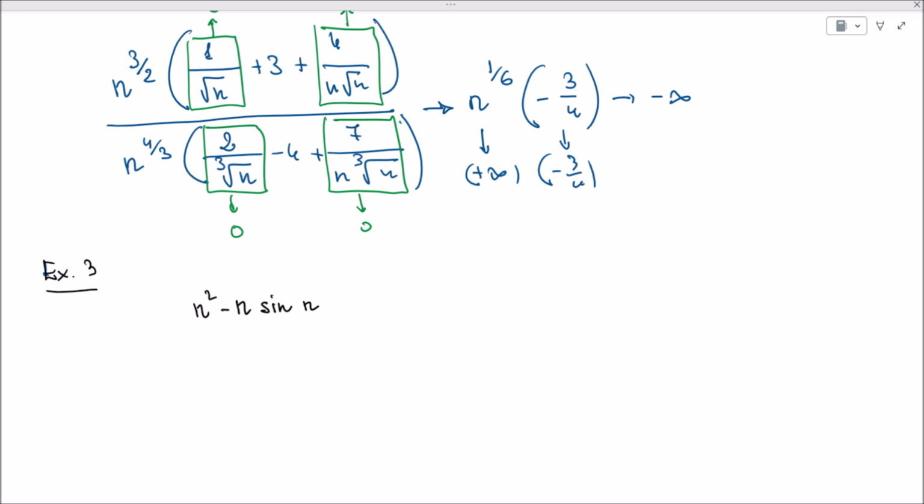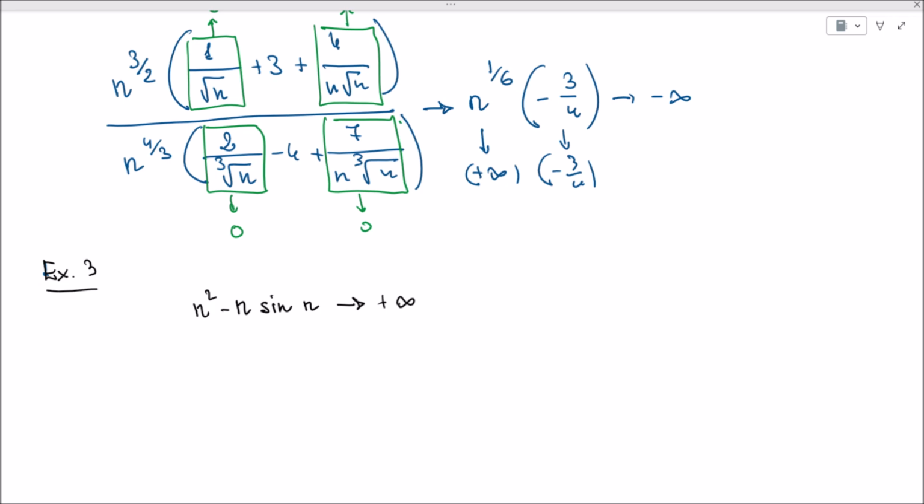Well, if n tends to infinity, we can certainly say that this will go to plus infinity. Now, how can we prove this? Well, the idea is that n squared will become larger and larger. It will go to infinity much more than n sine of n will go to infinity.